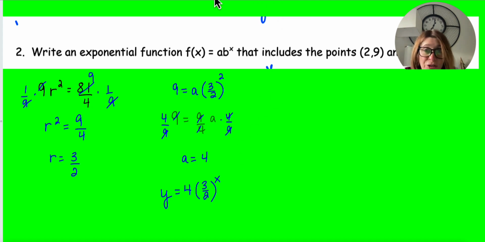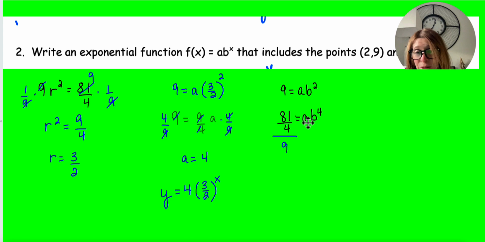Okay, the alternate way to do that again is that I could just plug them right into the function and set up a system. So that would give me 9 equals ab squared, and 81 over 4 equals ab to the 4th. You could divide this equation by 9, and then ab squared.